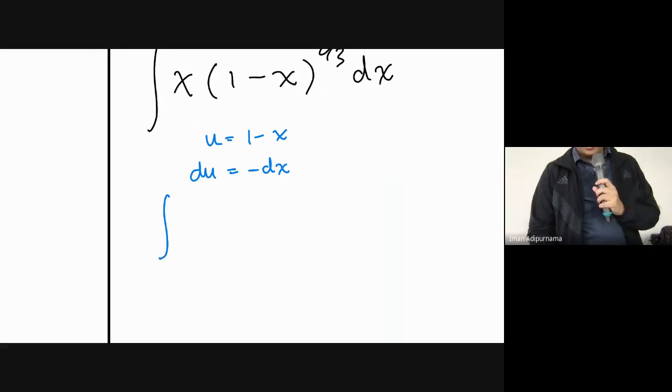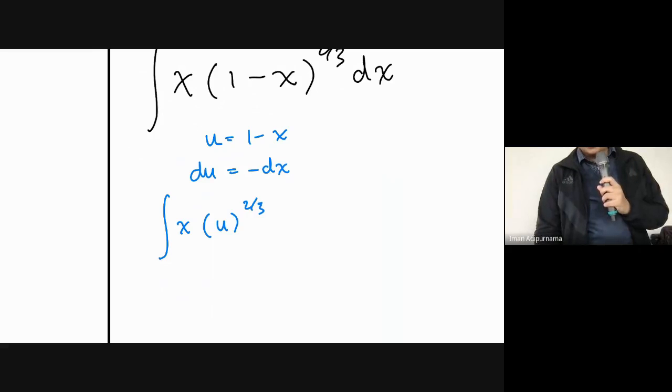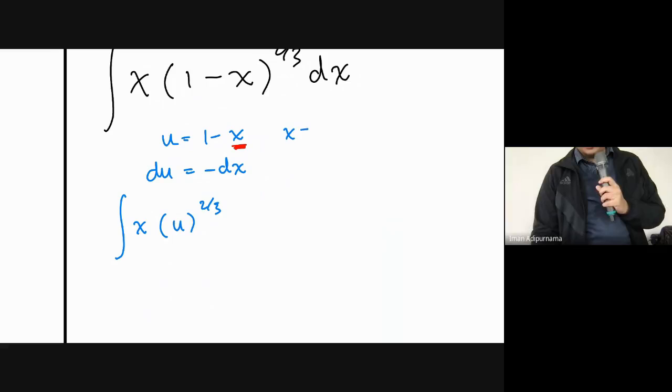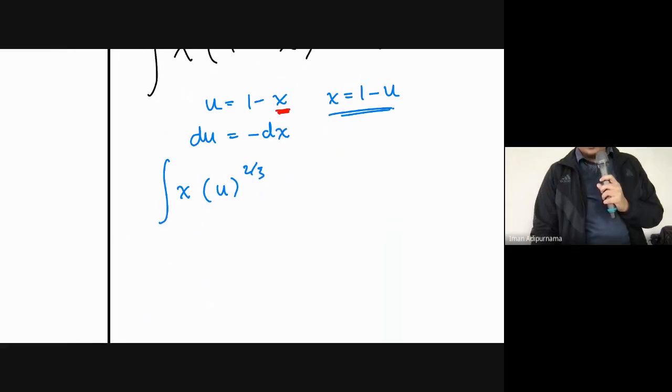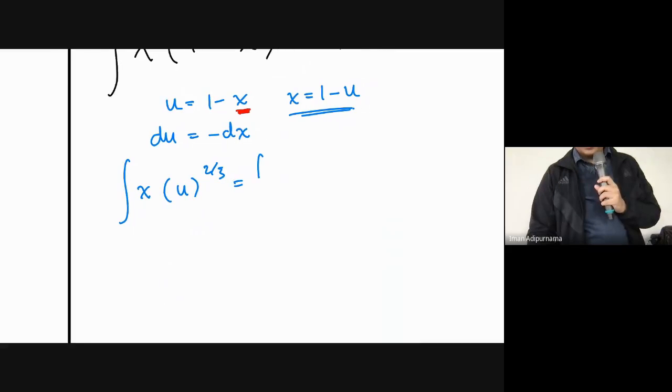So the idea is you have x and then u to the 2/3. You still have x, and this x will be substituted: x is 1 minus u. So 1 minus u, and then u to the 2/3.